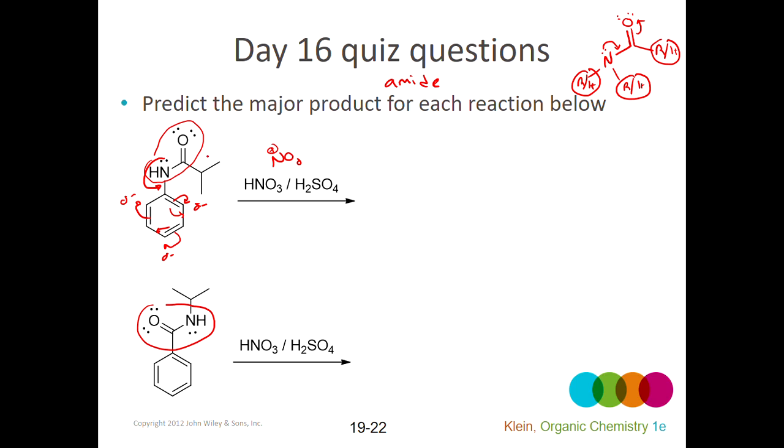So here, due to the sterics being pretty significant, I would expect for sure the major product to be the one where the nitro group ends up connected at the para position. And why is that again?